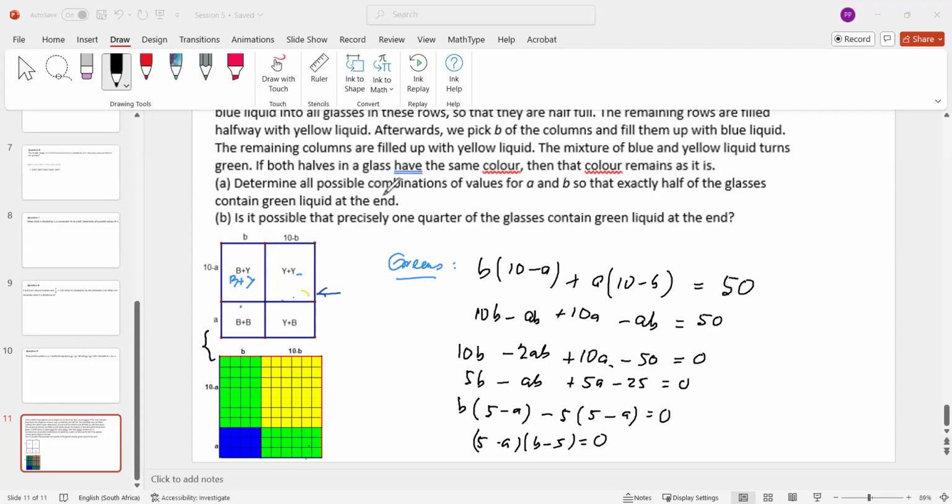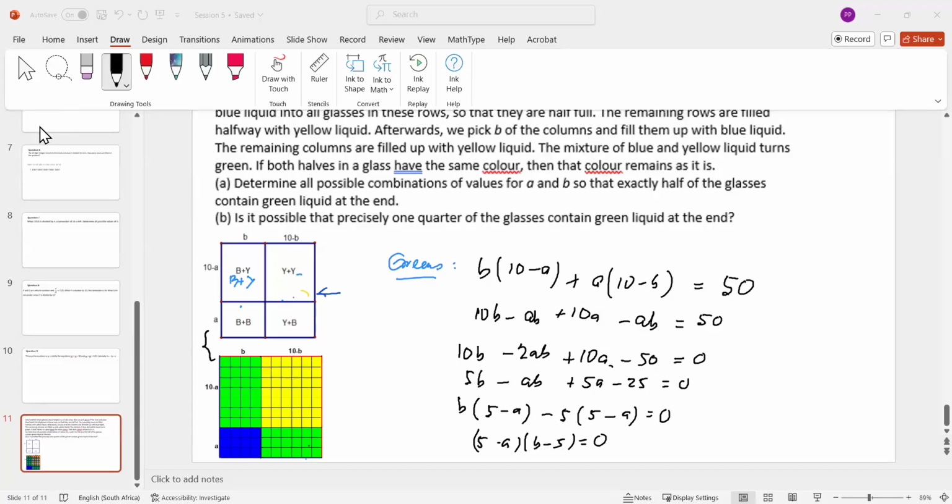Right. So now they say determine all the combination values of A and B so that exactly half of the glasses contain green liquids at the end. So what we have here is, if the product of two numbers is 0, that's a very important thing. When the product of two numbers is 0, one of them must be 0.